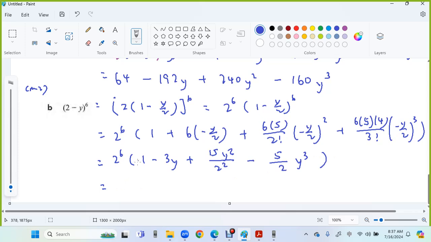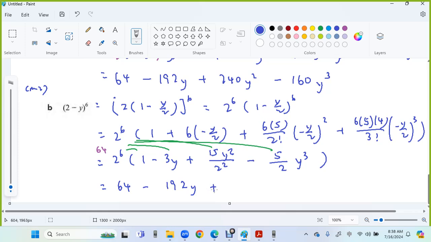Then 2 power 6 is 2, 4, 8, 16, 32, 64. So we have 64. Then only we multiply inside. So minus 3 times 64 is 192.